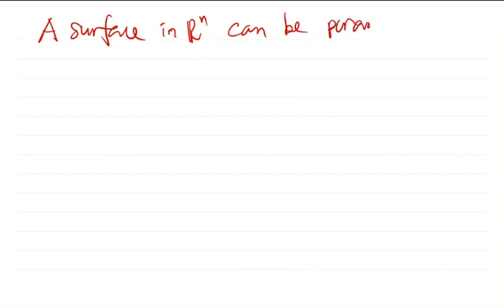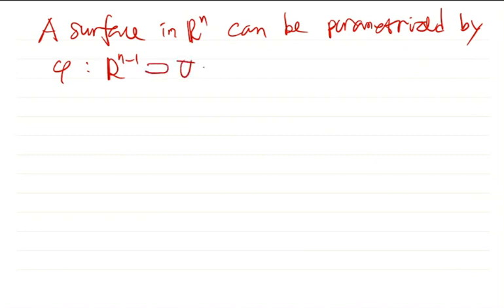So a surface in Rn can be parameterized by a map φ from an (n-1)-dimensional open subset to Rn.